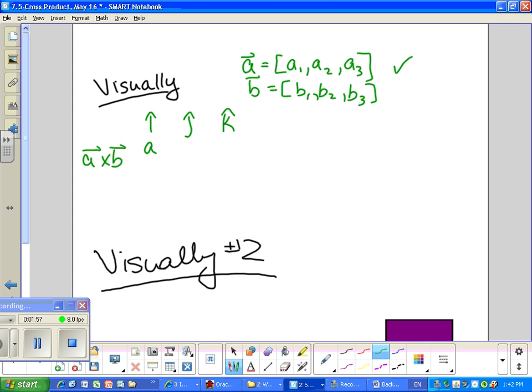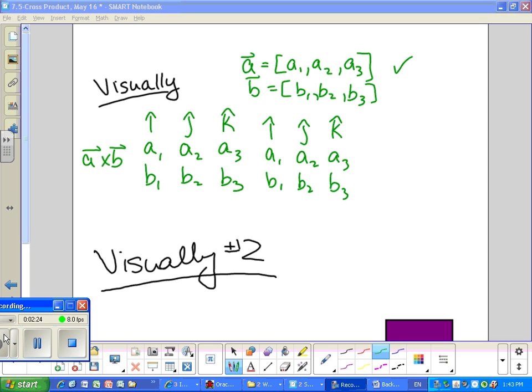So it's going to be A1, A2, A3, and then your B's will come second, B1, B2, B3. And notice that the x's, A1 and B1, go with the i. That's the x component. A2, B2, that's j, that goes with the y component. So they all match up. Once you have this, you're going to take this exact thing and write it beside it, exactly the same. And that's what it will look like.